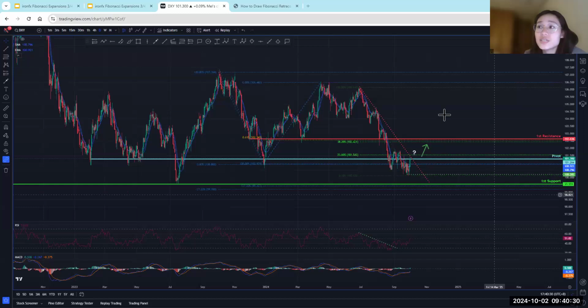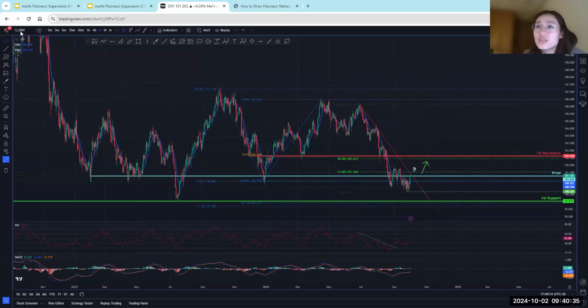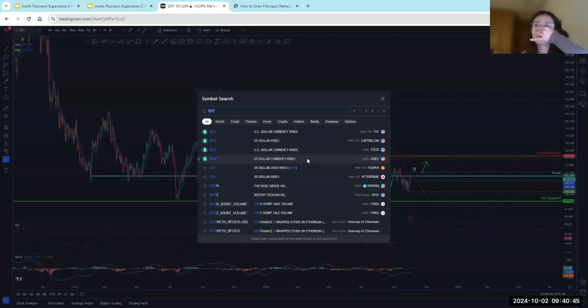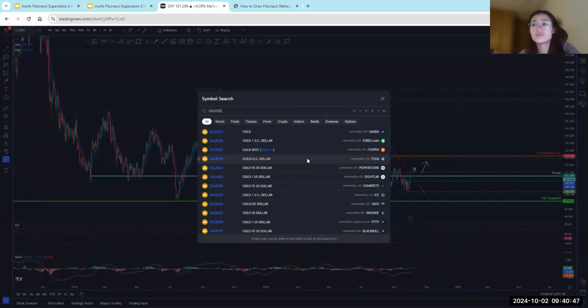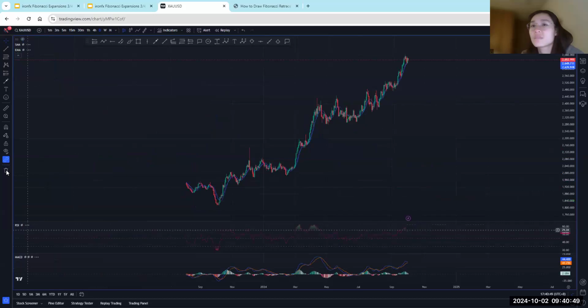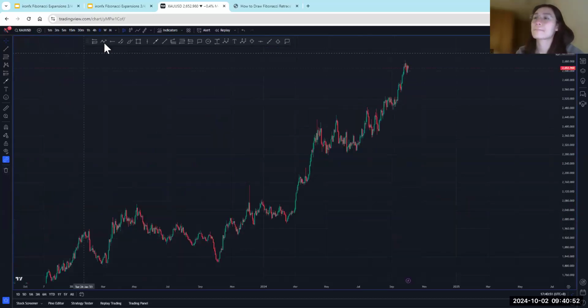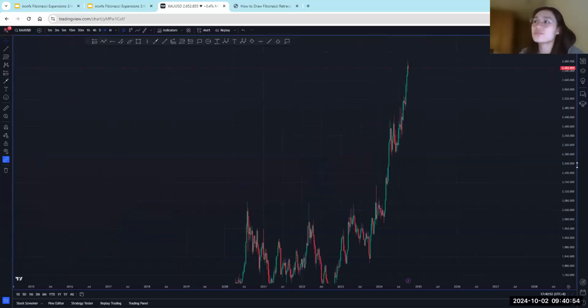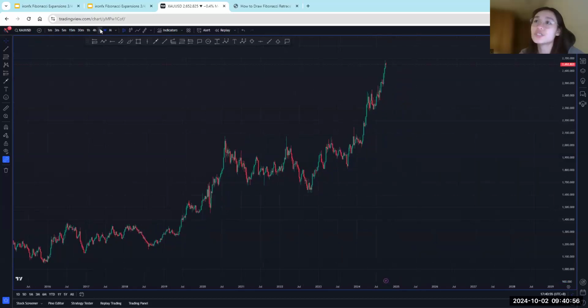Okay, so this is DXY and we're slightly bullish on DXY. So yeah, let me get to, I think it was gold. Okay, so on our weekly time frame, you can see prices are pretty bullish.